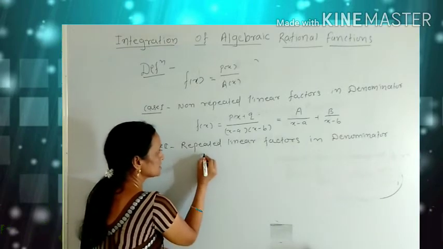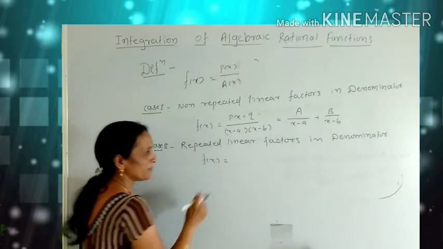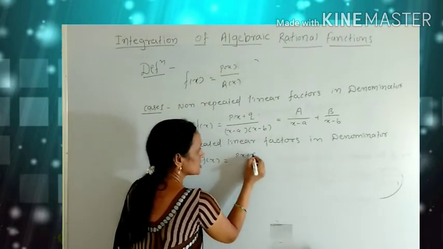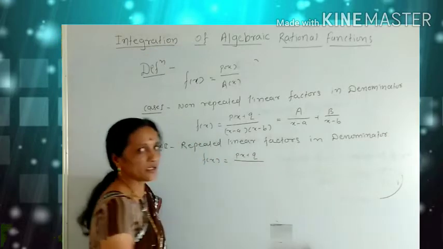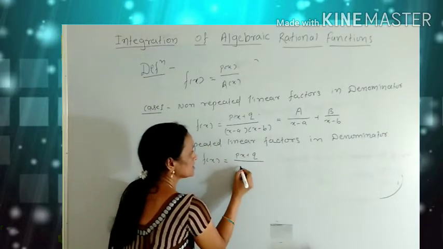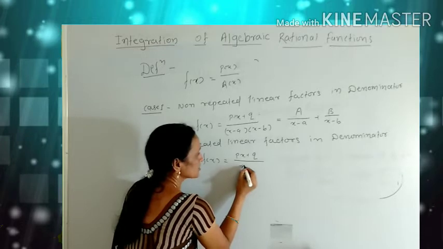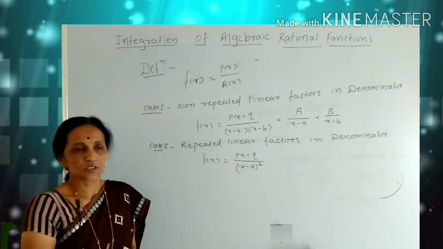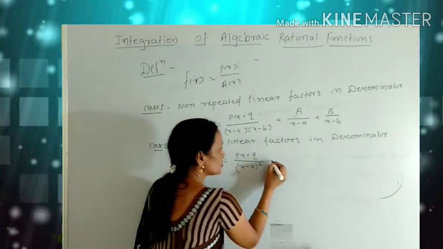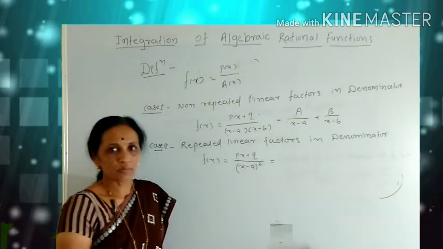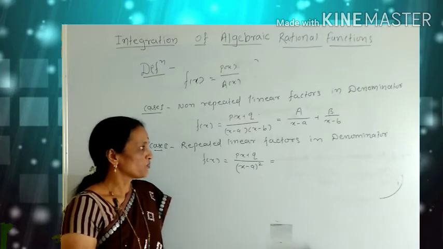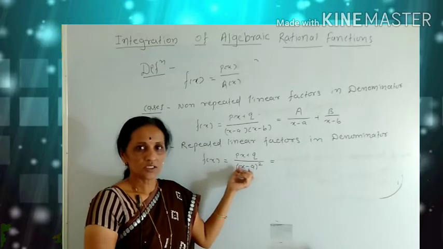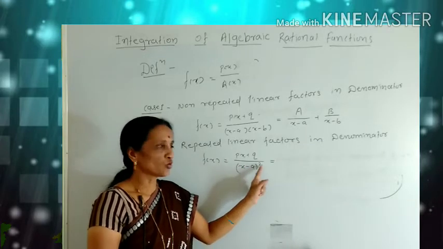In this case the function is defined as f(x) = (px + q) divided by the repeated linear factor, that is, (x - a) repeated, suppose, 2 times. So, the decomposition into partial fractions is in this form: here is one linear factor x - a, but repeated 2 times.